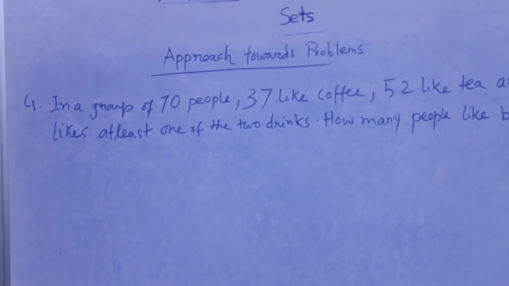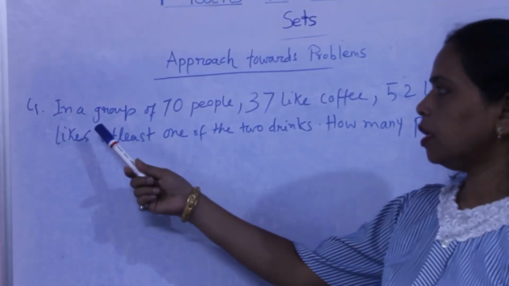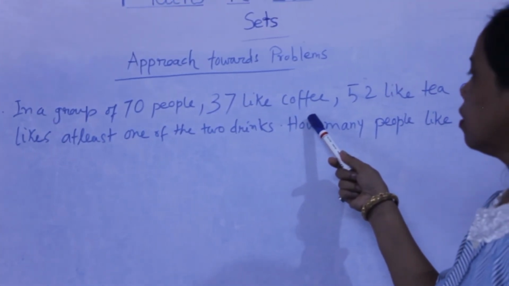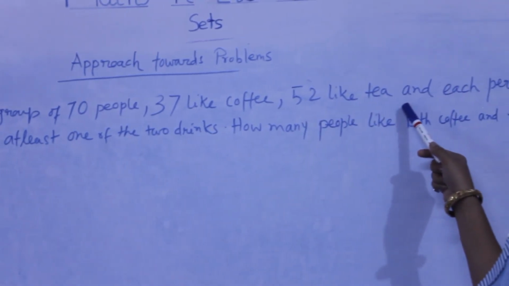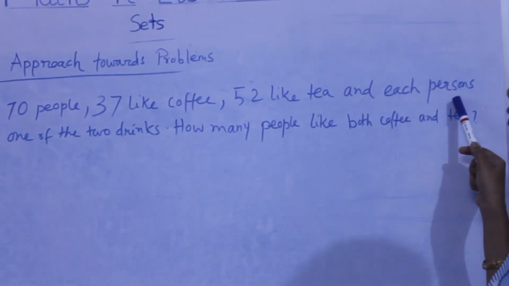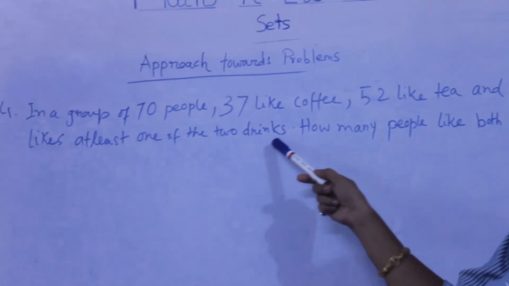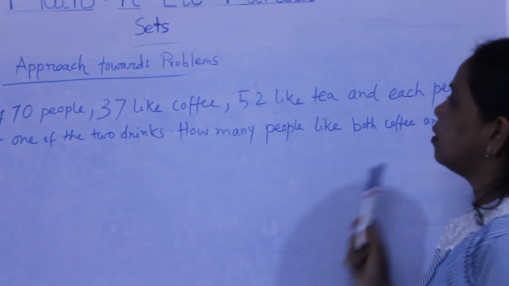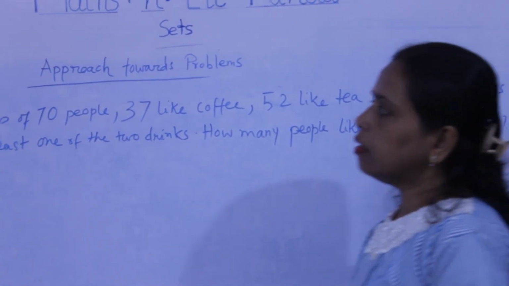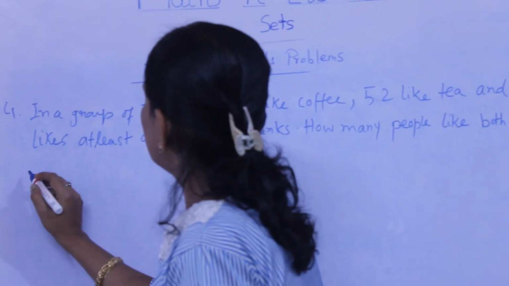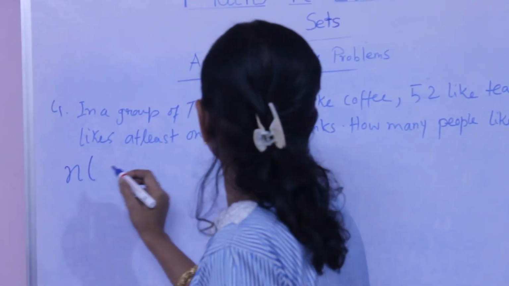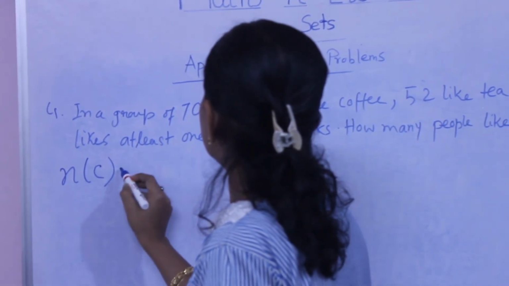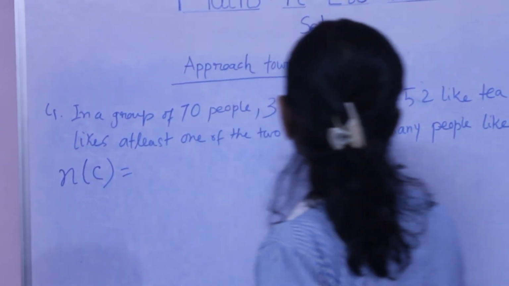Now let's solve question number 4. In a group of 70 people, 37 like coffee, 52 like tea, and each person likes at least one of the two drinks. How many people like both coffee and tea? So here we take the number of elements in set C, that is, the people who like coffee.